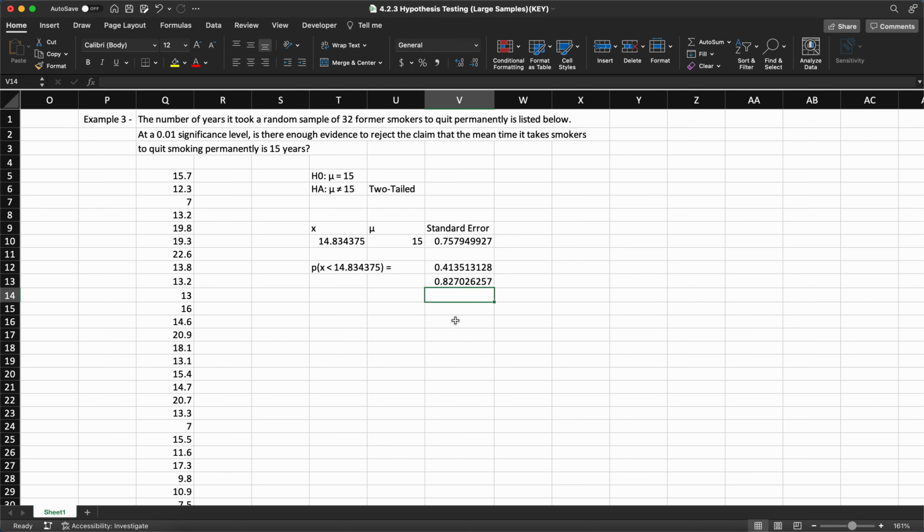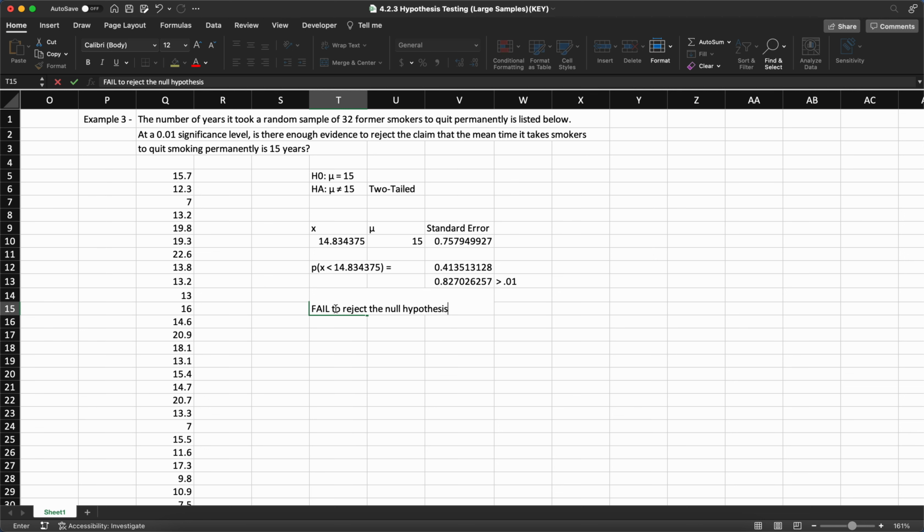And so this comes out to 0.827, which is much larger than the significance level of 0.01. And so we fail to reject the null hypothesis.